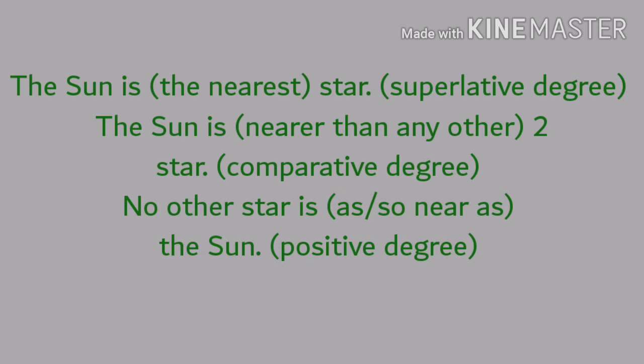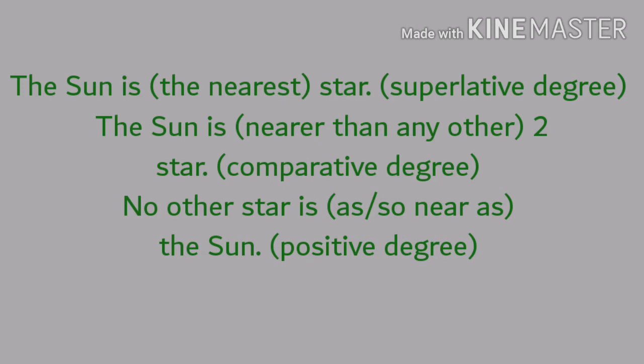The word which comes after that is star. Look at the second sentence, the sentence in comparative degree. The word which comes after any other is star, and we have to take that part and fix it with no other. So no other star. That is the subject of the positive degree that we are framing.